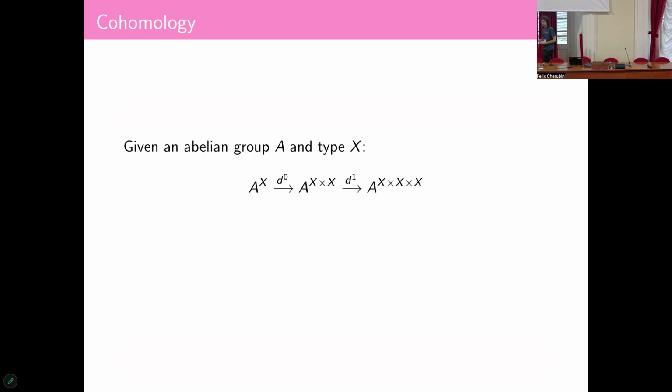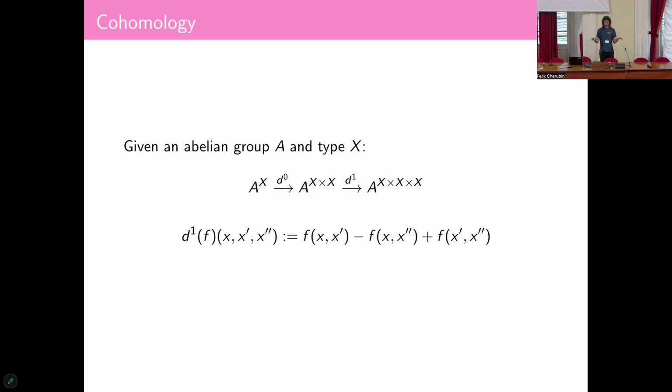Given the Abelian group A and type X, we can cook up a sequence like this. It's just given by pairwise differences. Given any X and any A, we can define a function which takes the pairwise differences. The same thing, but we drop one element and take pairwise differences here.